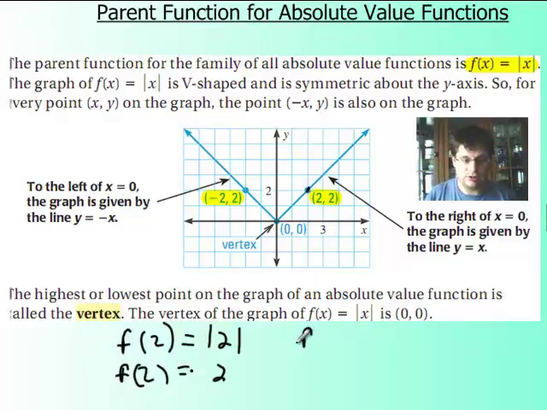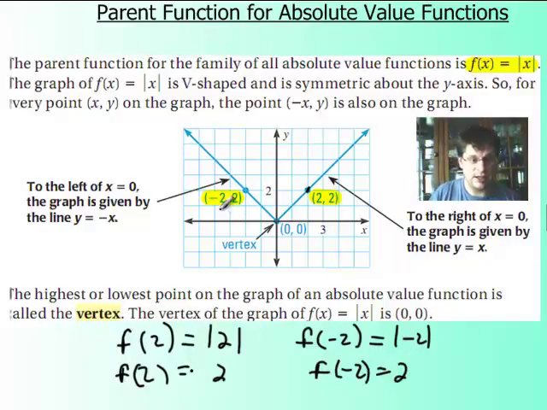Now, when I substitute negative 2 for x, so the absolute value of negative 2, then f of negative 2 is equal to, well, positive 2. Hence, an x value of negative 2 and a y value of 2. And that's why we get that mirroring effect, because every time we substitute a negative, we end up getting a positive. And so when we plot all these points, we get our absolute value function.